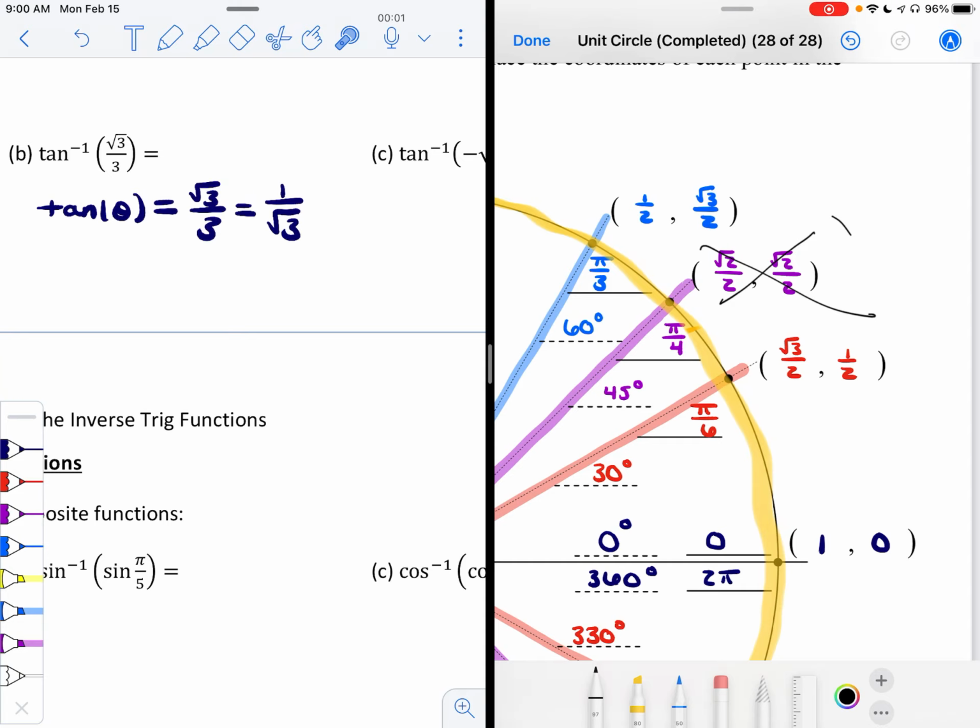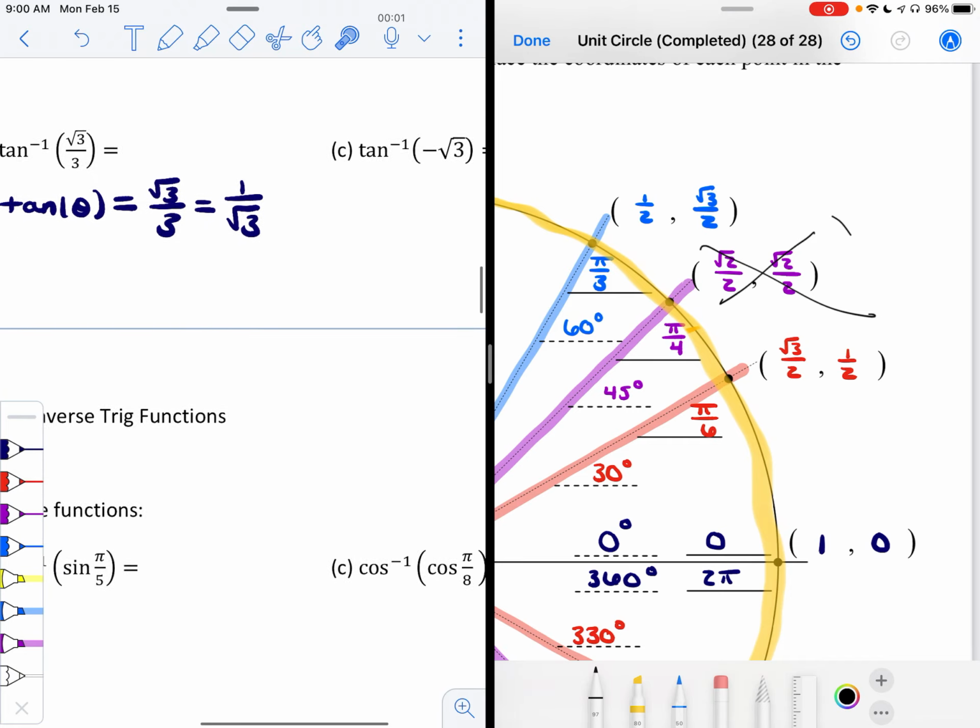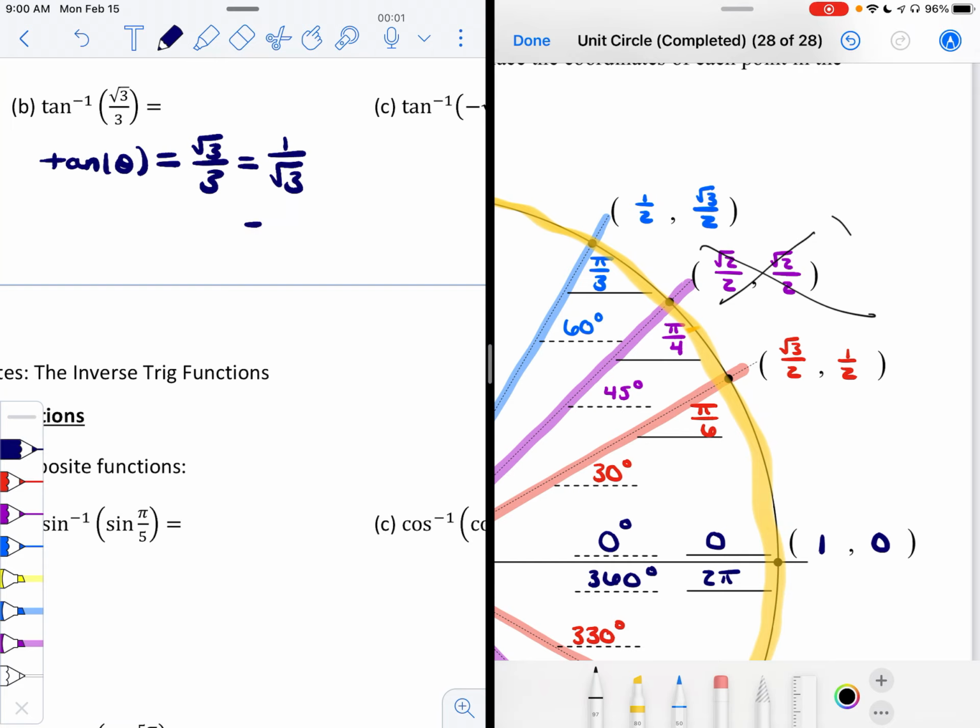So it's either going to have to be the pi over 6 angle with the root 3 over 2 and 1/2, or the pi over 3 angle with the 1/2 and root 3 over 2. But in particular, we want the 1 in the numerator, so that means we have to have the 1/2 in the numerator, and we want the root 3, or that had to have come from a root 3 over 2 in the denominator.